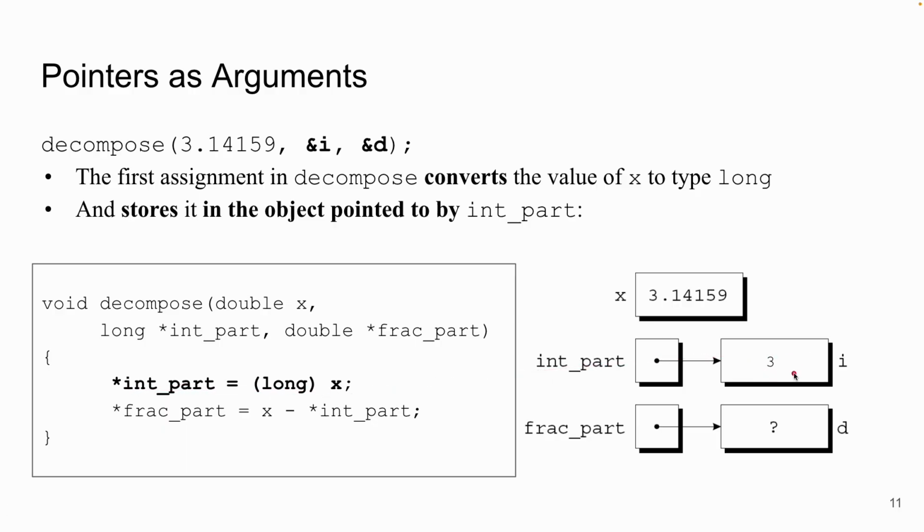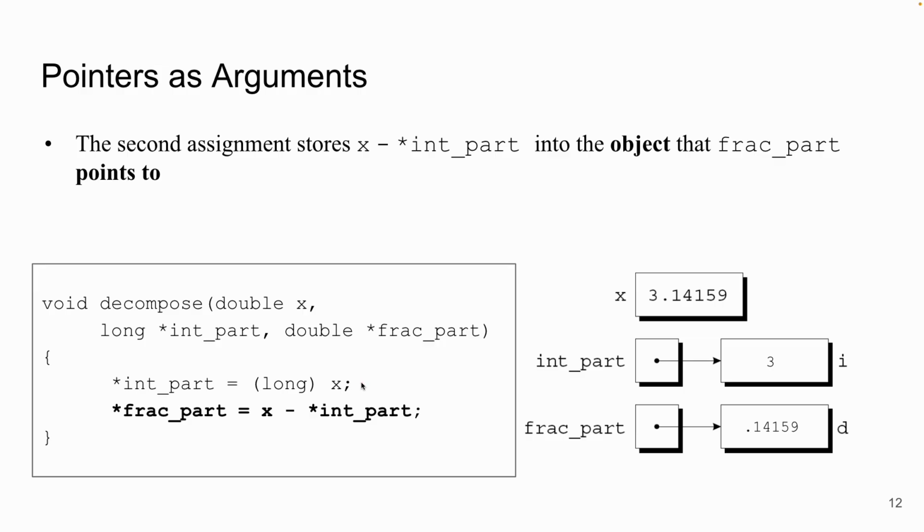By doing this, we can successfully get the integer part of the variable x. So that is what happened after the first statement. So we can rewrite the first statement like this. These two statements are equal here.